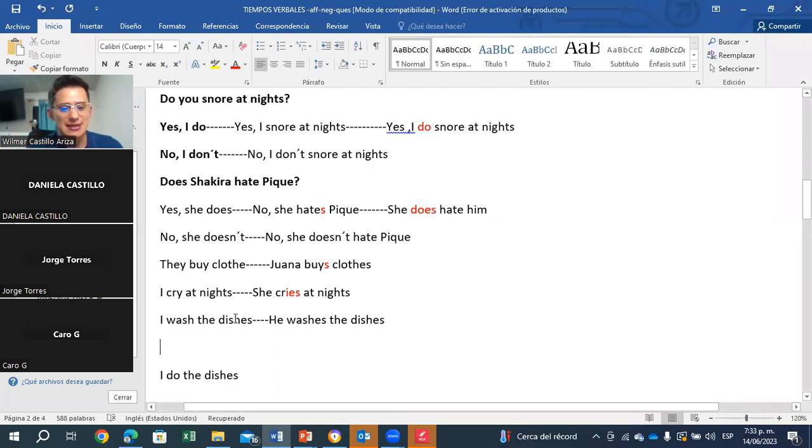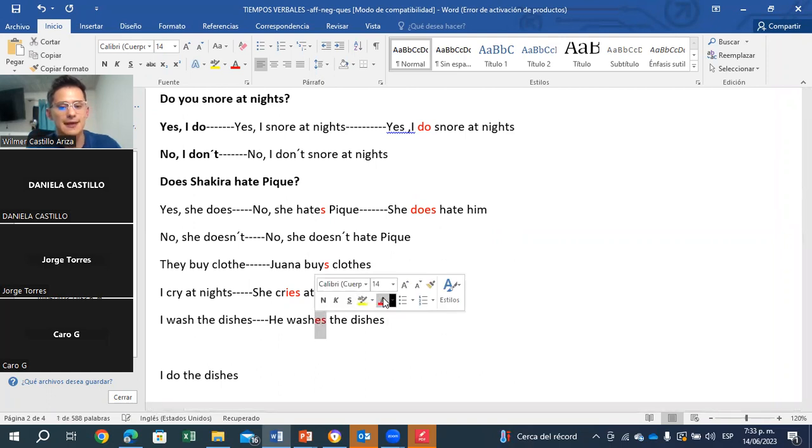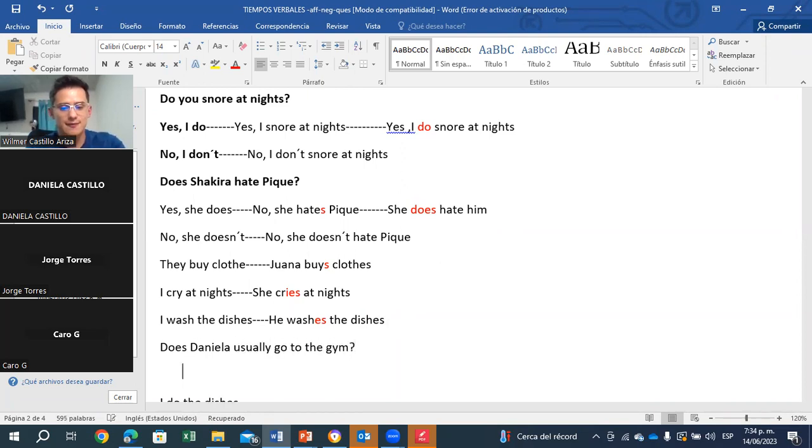Entonces, estas tres son prácticamente las excepciones que acabamos de ver. Recuerden que eso solo aplica cuando estamos afirmando. If you want to ask, for example, does Daniela usually go to the gym? In the question, the verb goes normal.